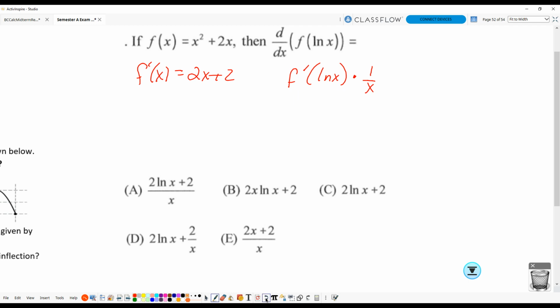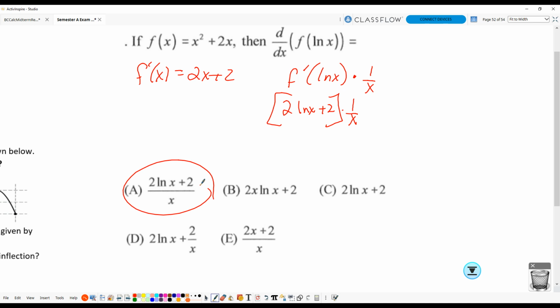So it's 2 natural log of x plus 2, chain rule? Is that answer anywhere on here looking different? Where? Okay. Tamar? Why do we have to use chain rule?